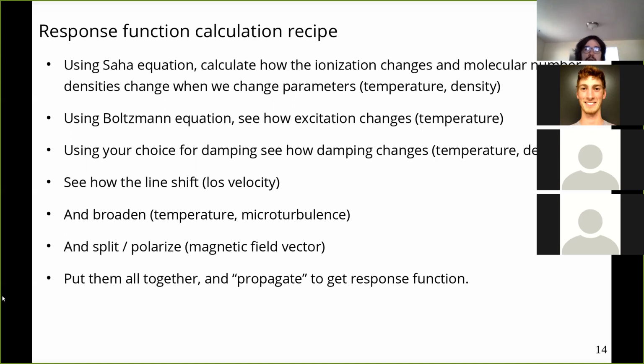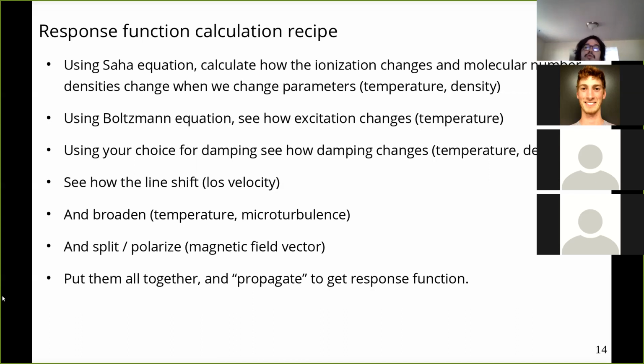So instead of just saying my number of neutral hydrogen at this depth is 10 to the 16, you're also going to obtain another quantity which says the response of my number density of neutral hydrogen at this depth to temperature is going to be, I don't know, 10 to the 12 per Kelvin or something like that. I'm inventing the numbers, and so on and so on.